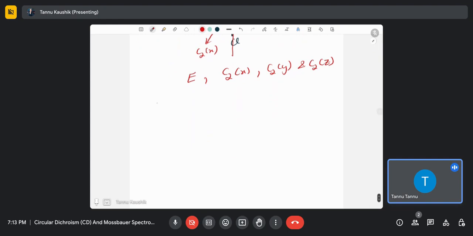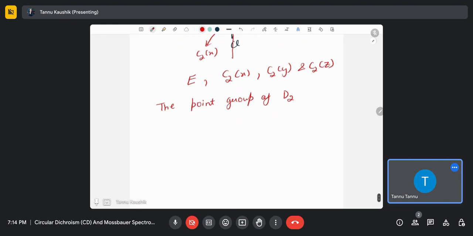So the point group of this molecule is D2.